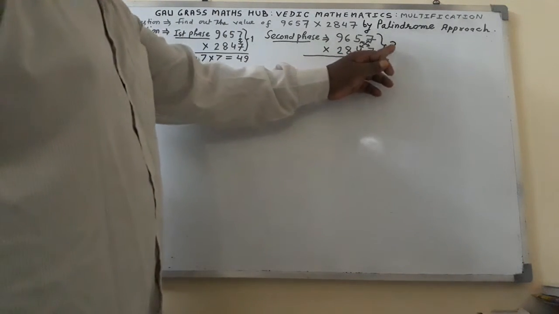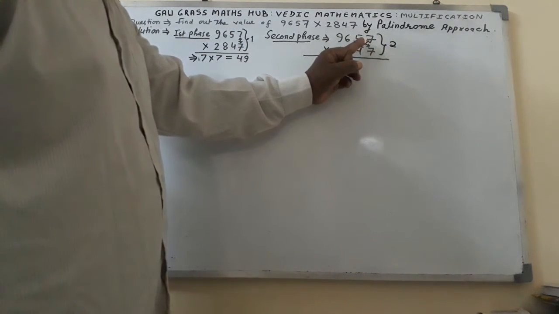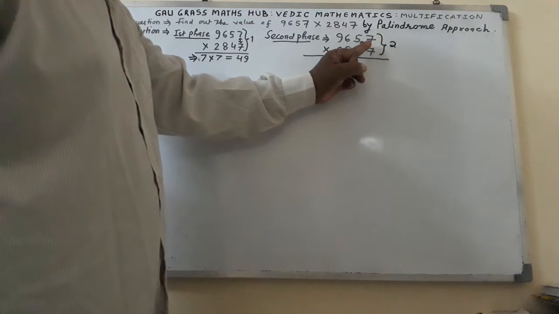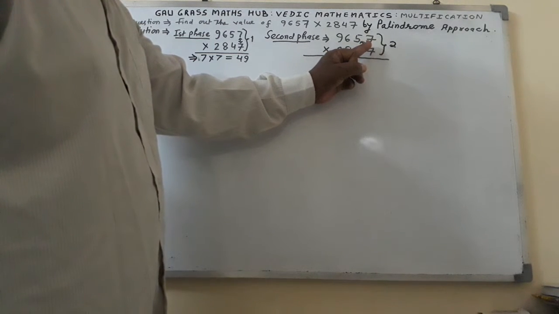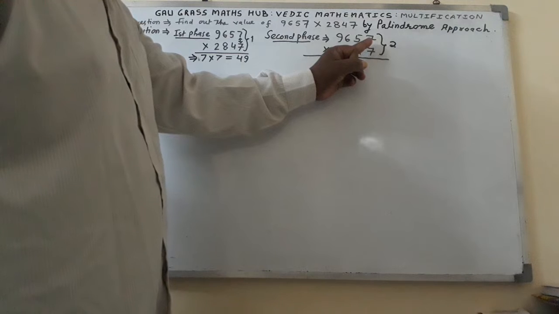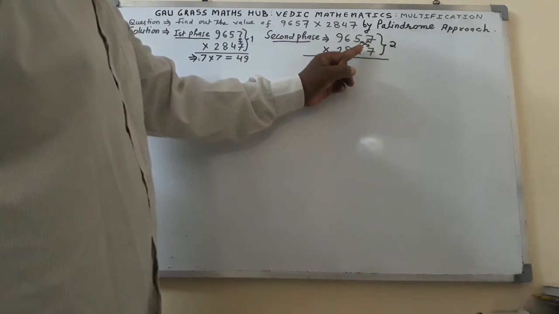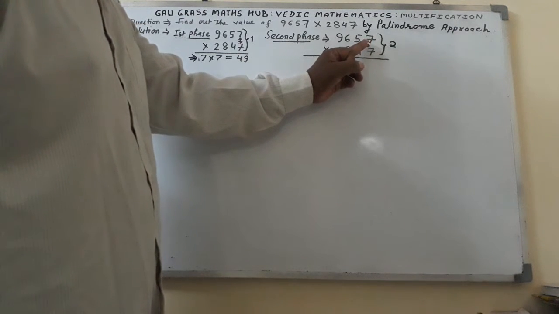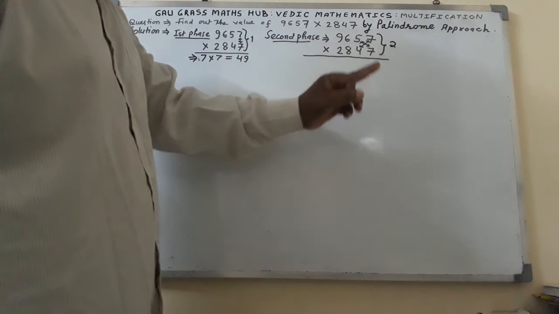Why 2? Because here two transverse lines are being intersected with each other. The intersection point is available here.